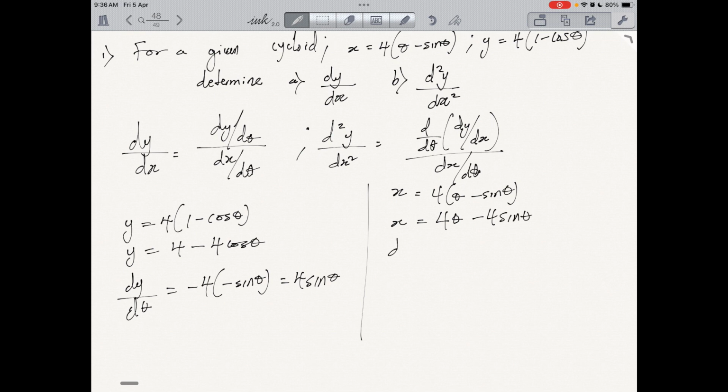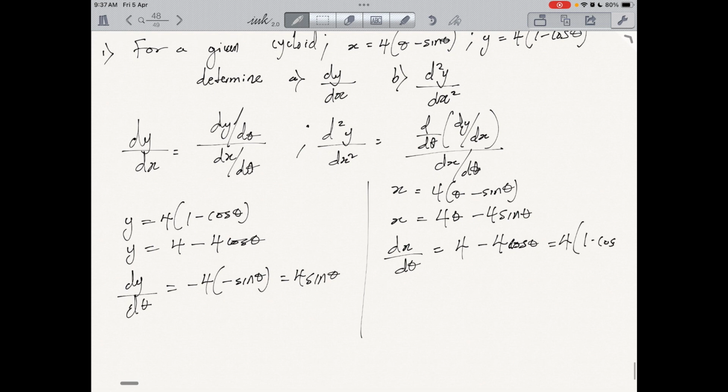So our dx/d theta therefore will be 4 minus 4 cos theta, because when we differentiate the sine function, we have positive cosine. So this can be simplified further as 4 into 1 minus cos theta.